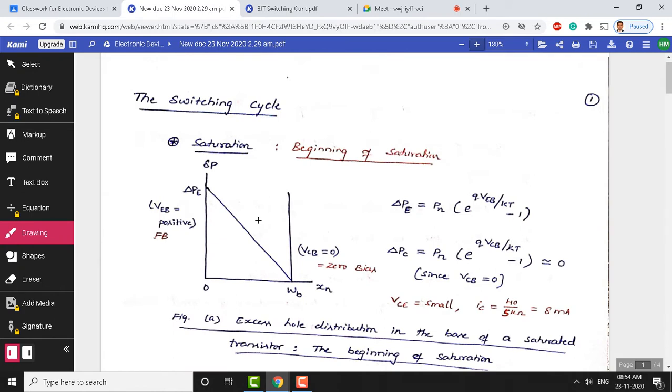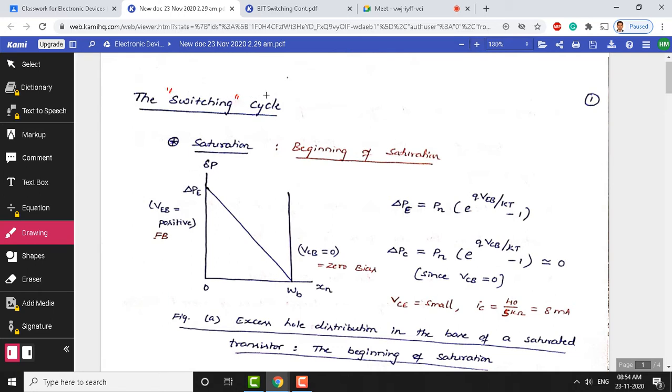Let me show you that saturation. We were discussing different states in which a transistor can be when we perform this operation called switching. Just go to the previous classes' material and look at what we covered. We are discussing the switching cycle.